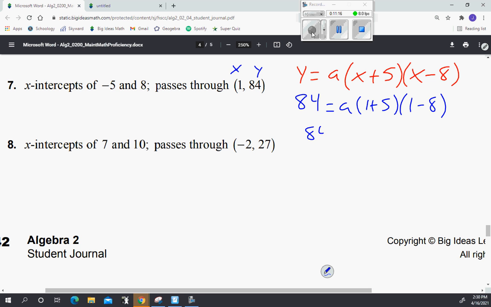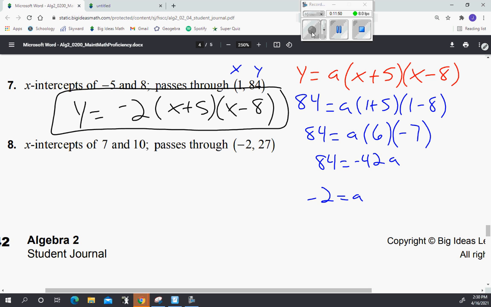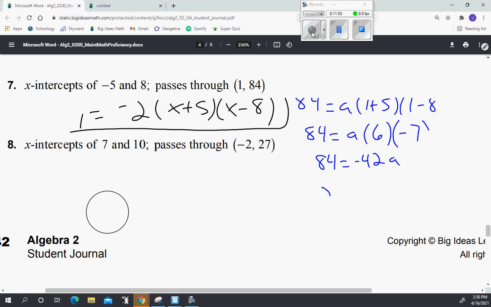So I get 84 equals a times 6 times -7, so 84 equals -42a. Divide by -42, I get -2 is equal to a. So in my equation, I have to rewrite it: y equals -2 times x plus 5 times x minus 8. You can do the last one on your own.